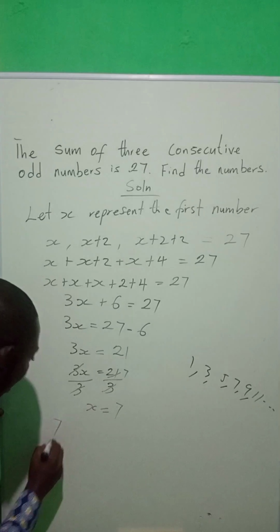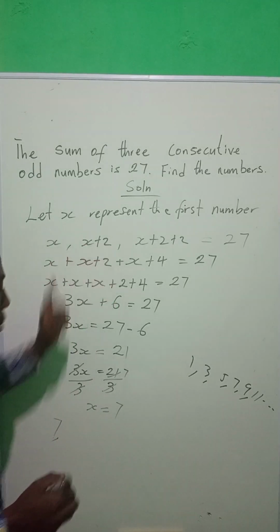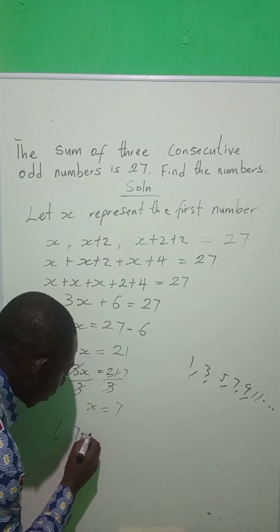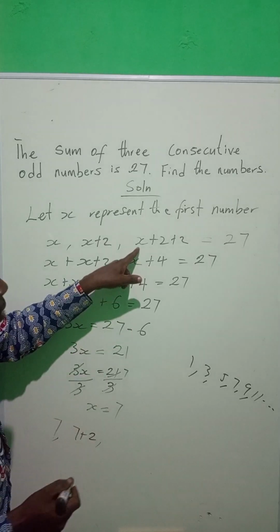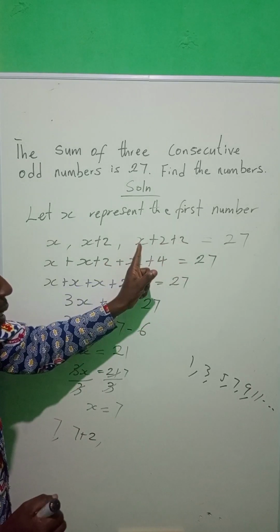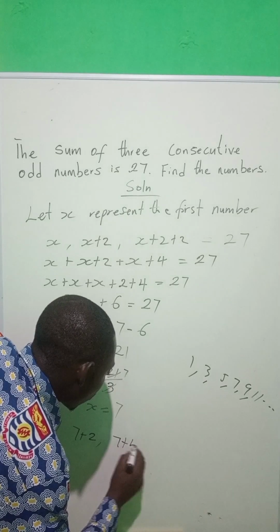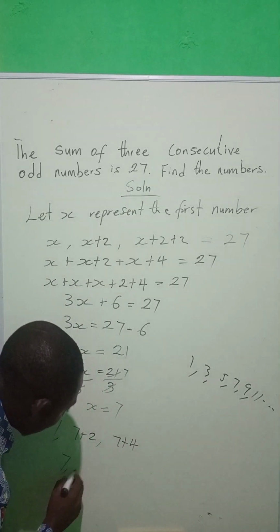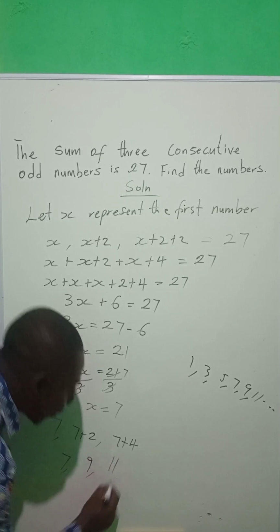If our first number is 7, then the second number is 7 plus 2, since we said x is 7. And our third number was 7 plus 2 plus 2, so we can say 7 plus 4. So we have 7, 7 plus 2 gives us 9, and 7 plus 4 gives us 11.